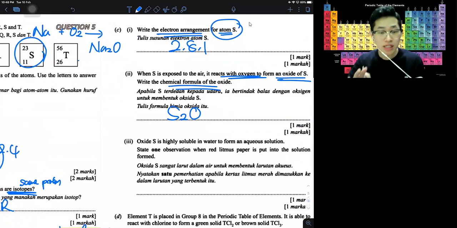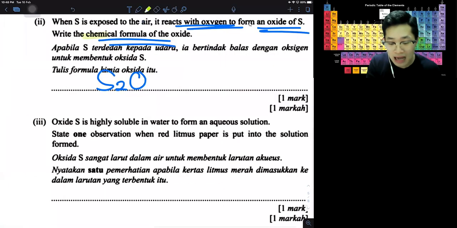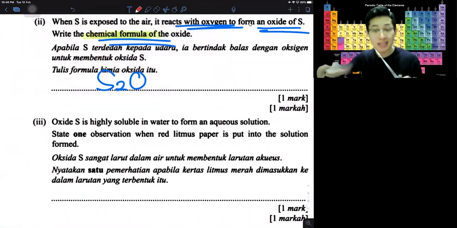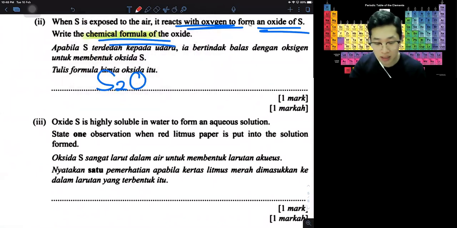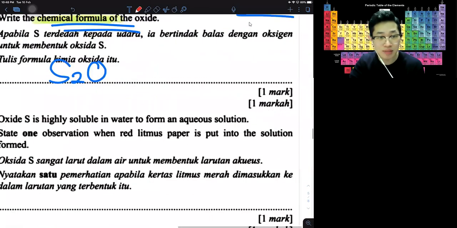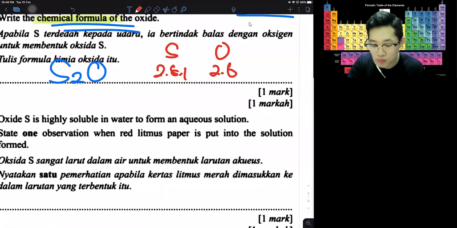If you don't want to do this, is there another method? Yes. What is another method? How to get chemical formula from unknown. This is what I will do. S and O, you can use electron arrangement. S is 2, 8, 1. O is 2, 6.